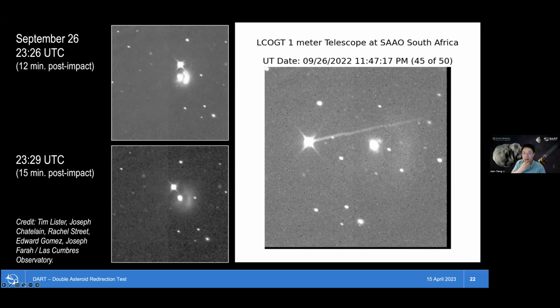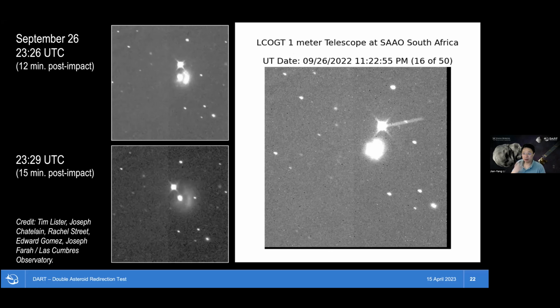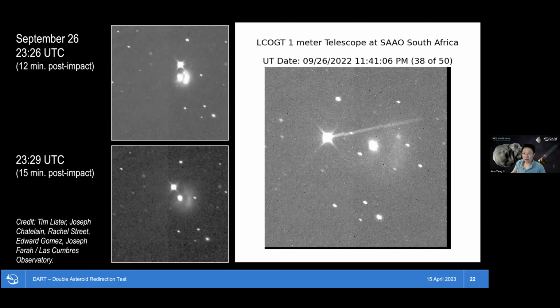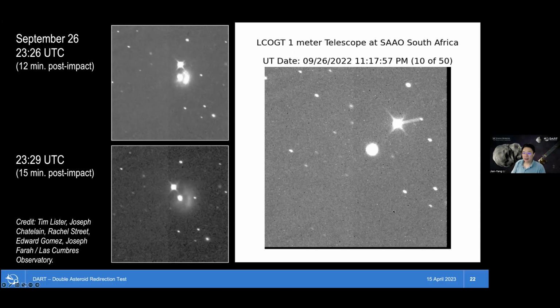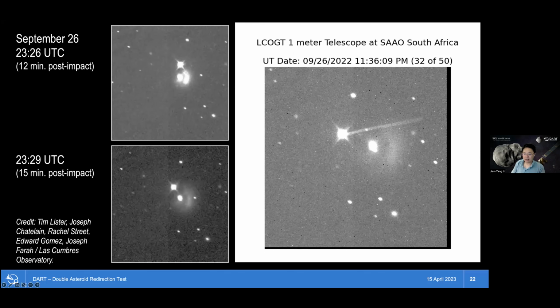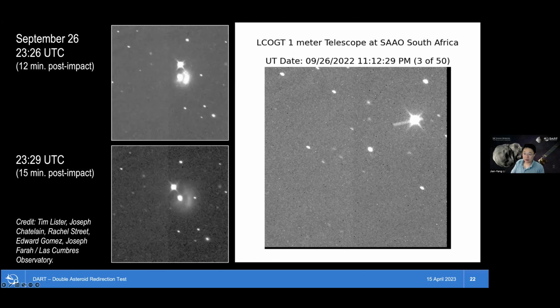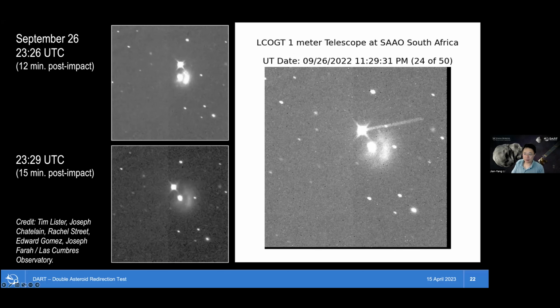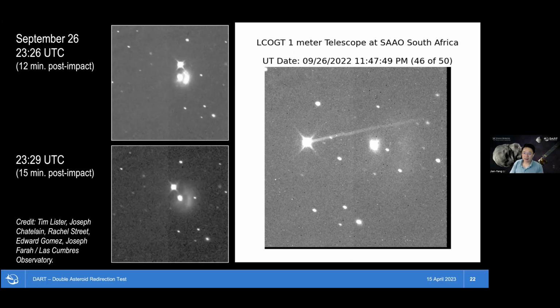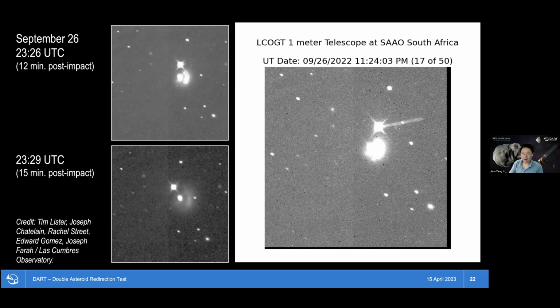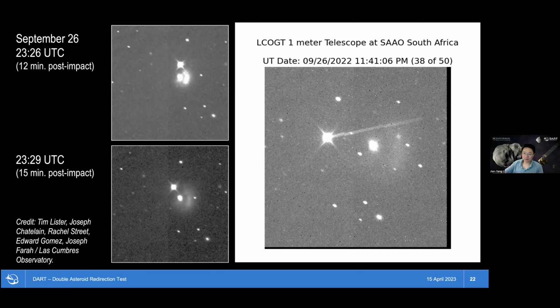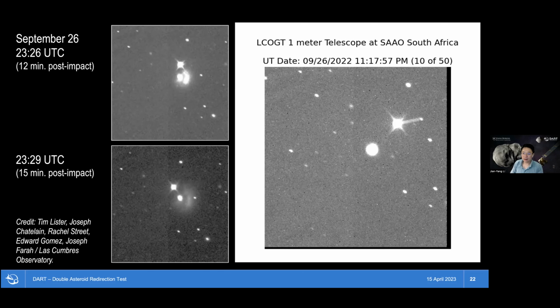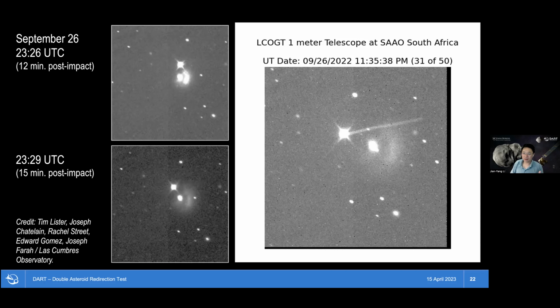LCOGT is a telescope network, but these images were taken by the telescope located in South Africa. And you can see after impact, the brightness of Didymos or Dimorphos increases very quickly. And then there's a shell-like ejecta, like a poof, a fast plume coming towards where the DART spacecraft comes from.